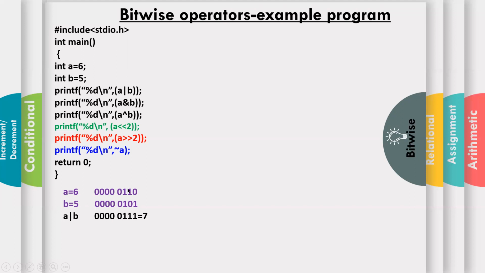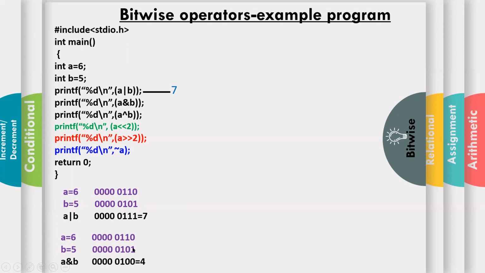First we converted decimal to binary and after that applied the bitwise OR operation, and the result triple 1, you convert that into decimal, you will get 7. Here also we are applying OR, but I applied OR in a bitwise manner. That's why this is a bitwise operator. Similarly for AND. Once again A is 6, B is 5. So bitwise AND.